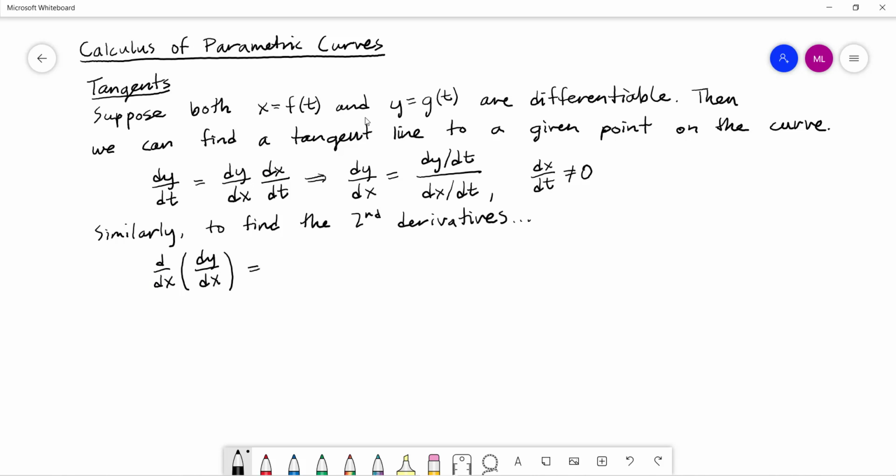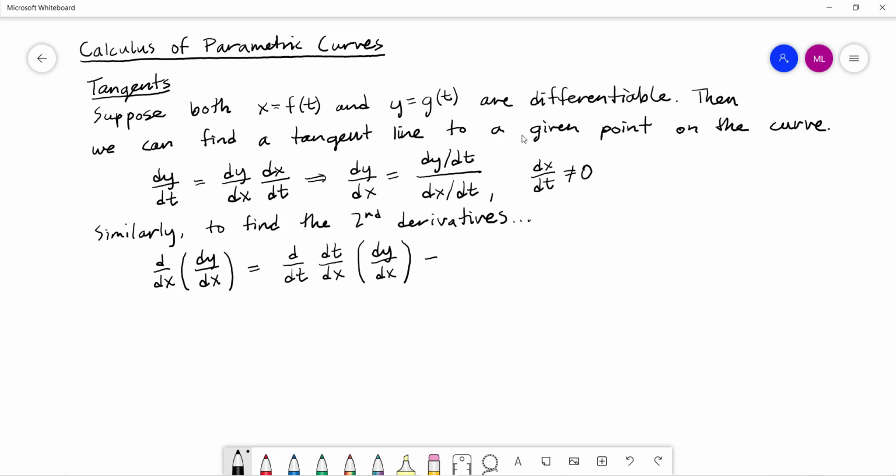So I'm going to write it as d dt of our dy dx that we already found, times dt dx. You'll notice that this dt dx is really 1 over dx dt. It's the reciprocal of the expression that we found up here.